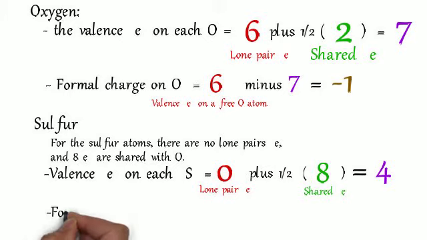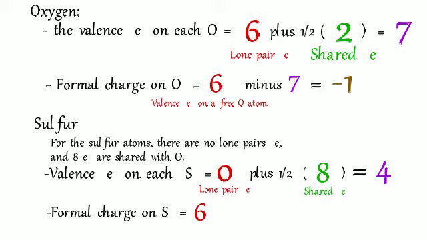Now for the second step. The formal charge on a sulfur will be the valence electrons on a free sulfur. If you look at valence electrons from the periodic table on sulfur, it has 6 valence electrons on a free atom, minus the number you just got up above. So 6 minus 4, what does that equal? 2.